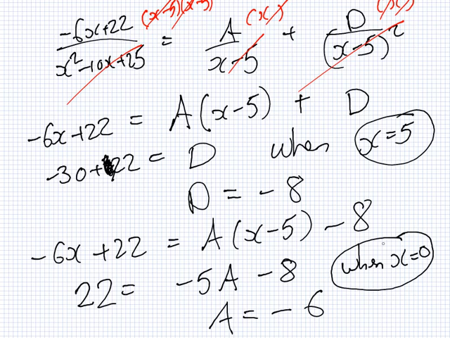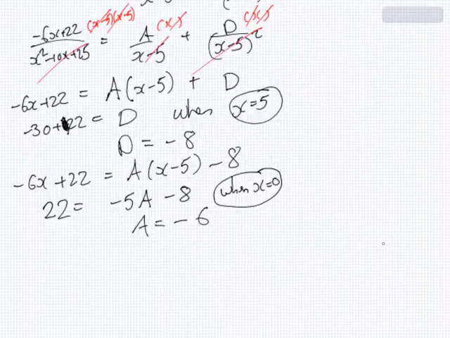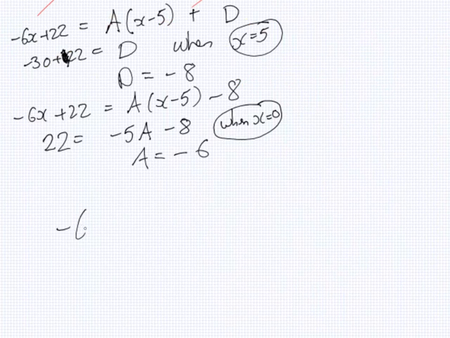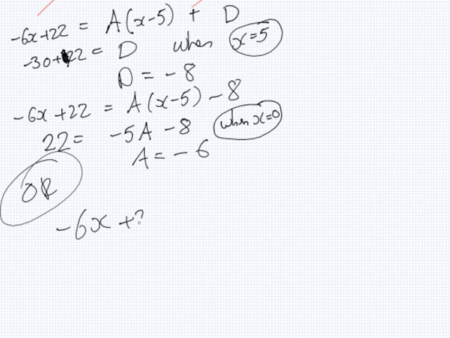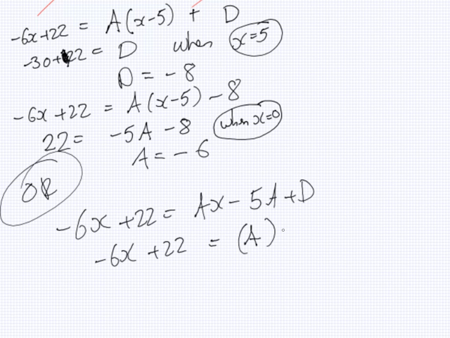Okay. But don't forget, the other way to do it, you could have expanded: equals ax minus 5a plus d, which is ax plus minus 5a plus d.